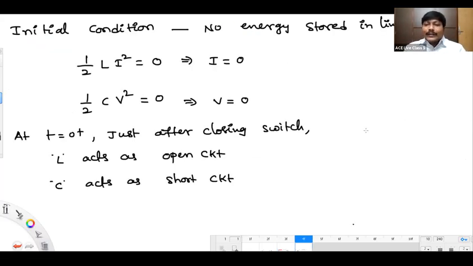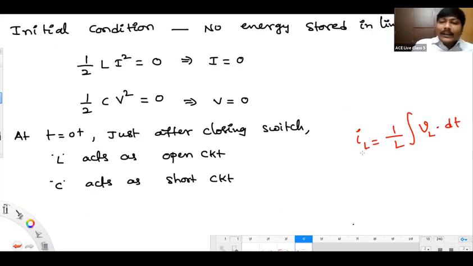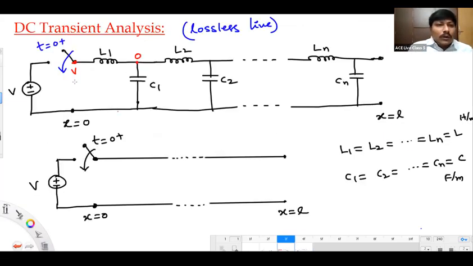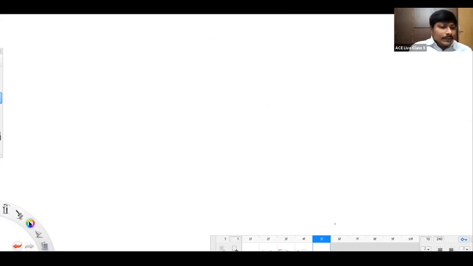According to the equation, inductor current equals 1 by L integral of VL dt, where VL is the voltage across the inductor. Integration of that with respect to time, multiplied by 1 by L, gives the inductor current. So the inductor starts carrying current, and I can say the inductor is getting energized to some value, something like half L1 I1 square.